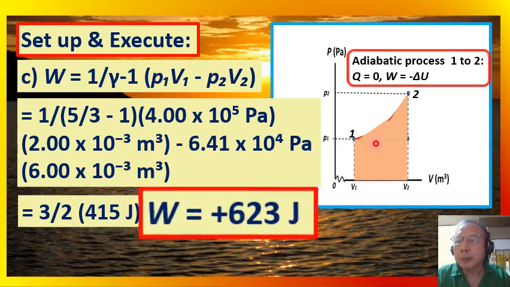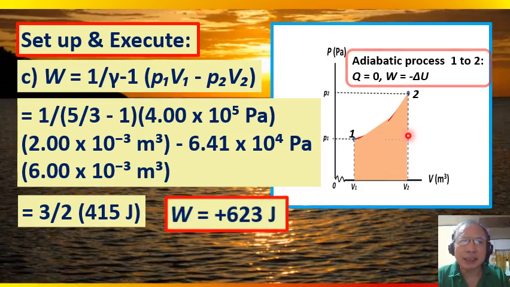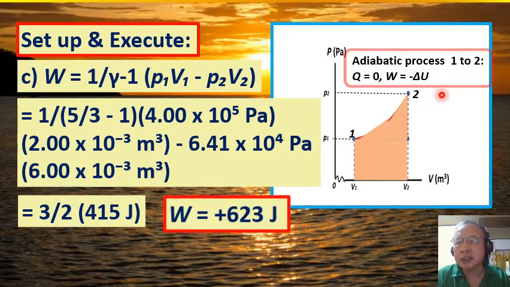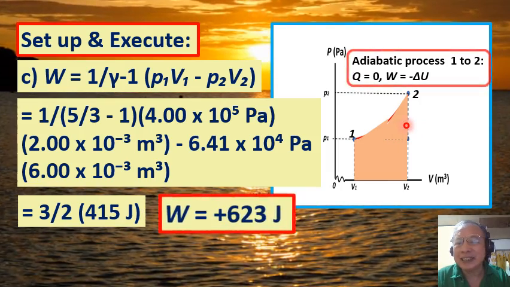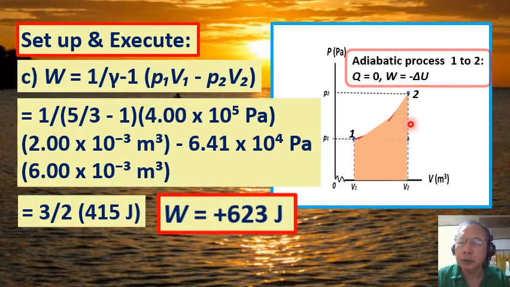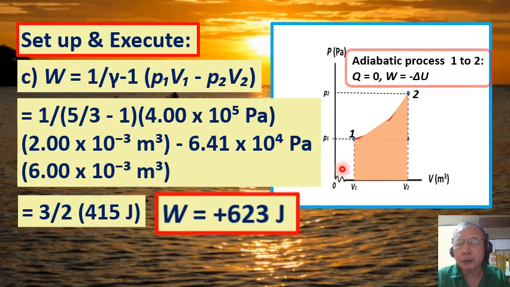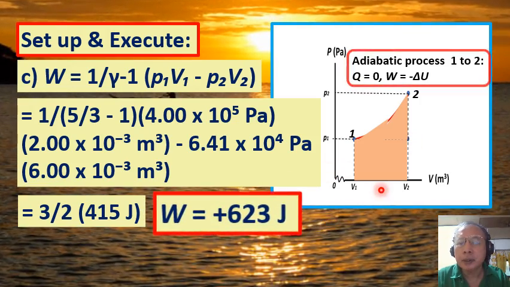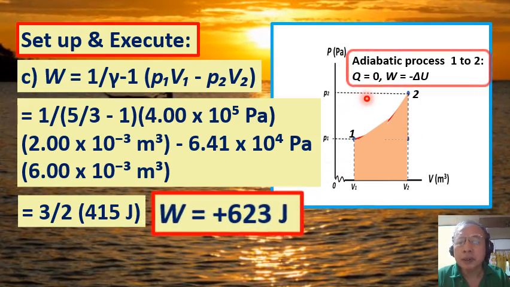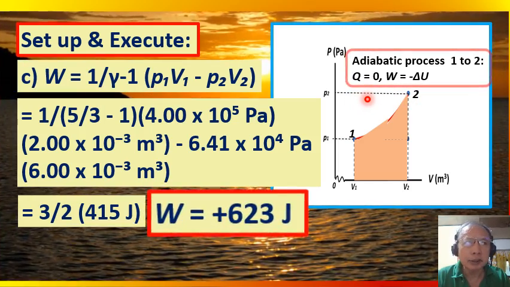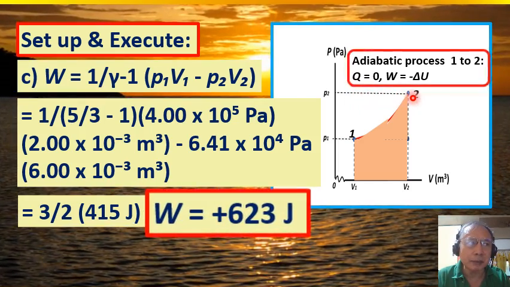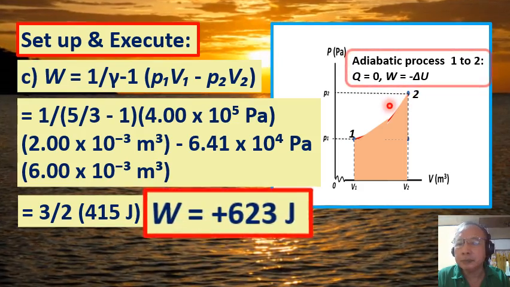So there is a decrease in internal energy, which is associated with a decrease in the absolute temperature. For a situation that is adiabatic, no heat is being transferred into the system or out of the system.